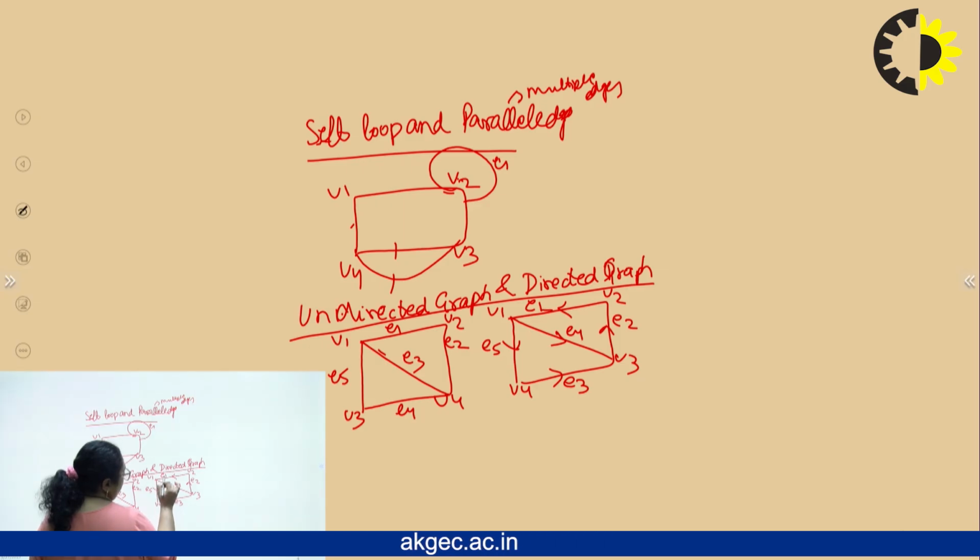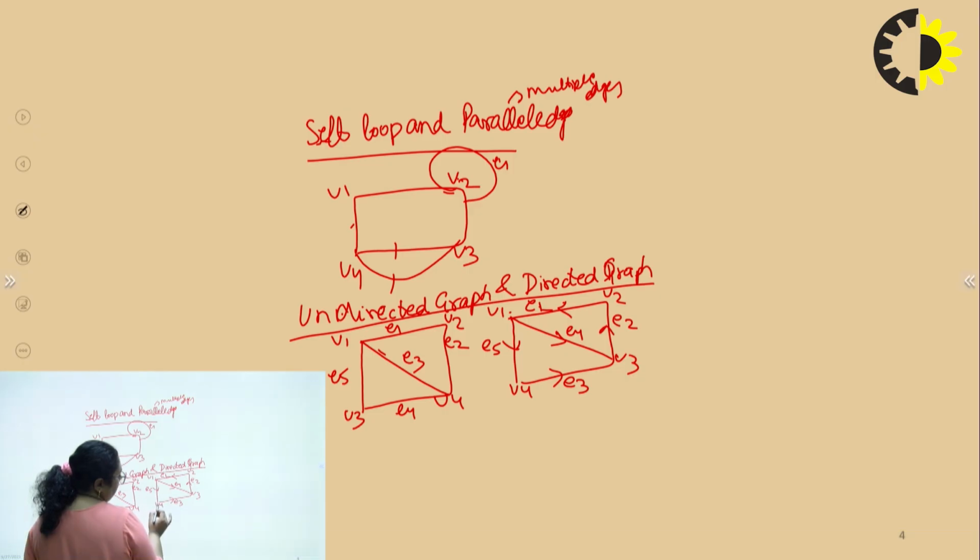Suppose we look at this E1 edge, it has a direction: it is outgoing from V2 and incoming to V1. If we look at E5, it is outgoing from V1 and incoming to V4. For E3, it is outgoing from V4 and incoming to V3. And for E2, it is outgoing from V3 and incoming to V2. So now you understood what is directed and undirected graph.